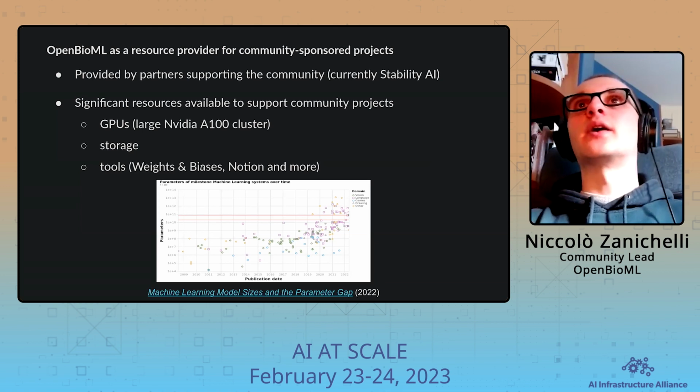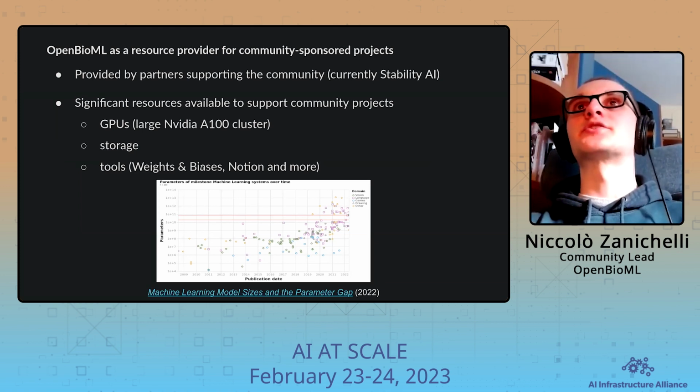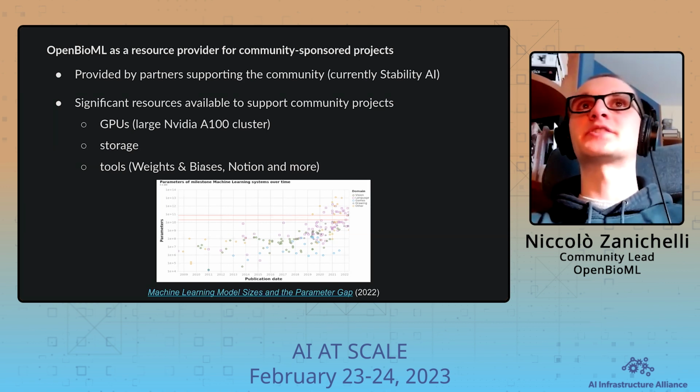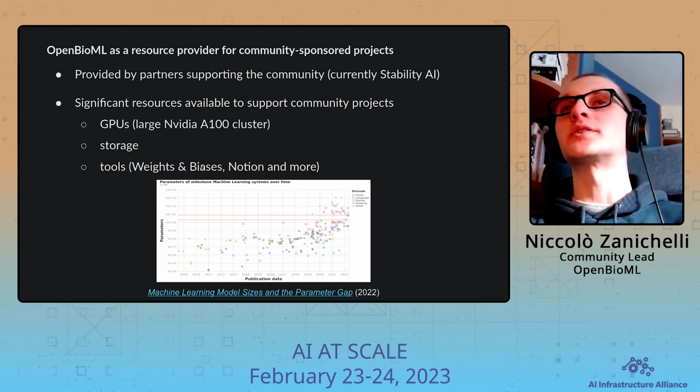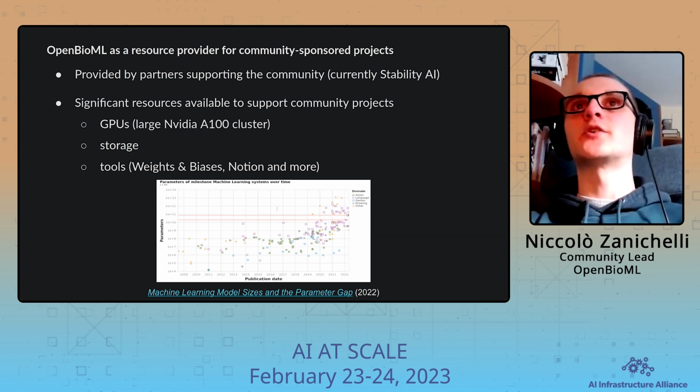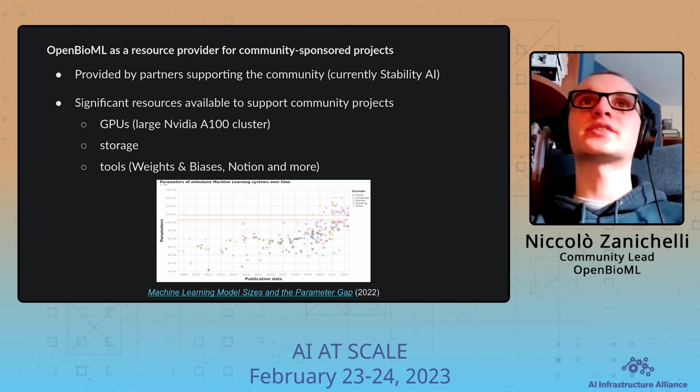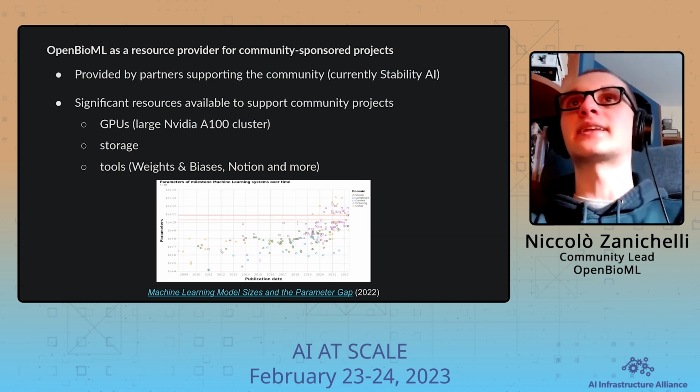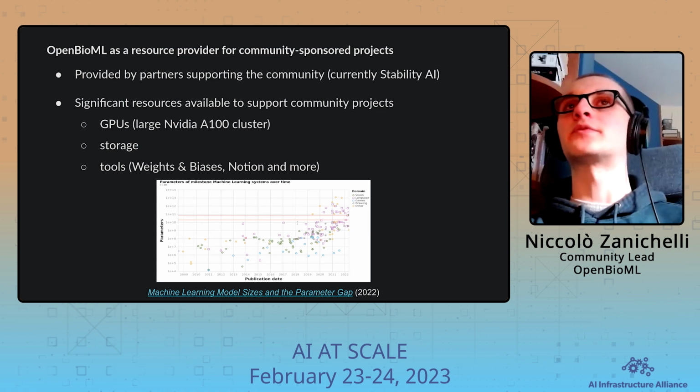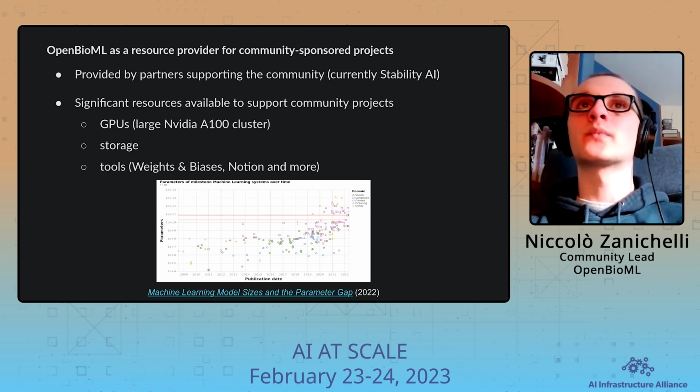The community can also act as a resource provider thanks to the support of key partners such as Stability AI that make available some of their computational resources and storage for community-sponsored projects. This means that community projects can leverage resources that only industrial research labs had access to up to now, together with tools like Weights and Biases for experiment tracking, Notion for project management, and much more.